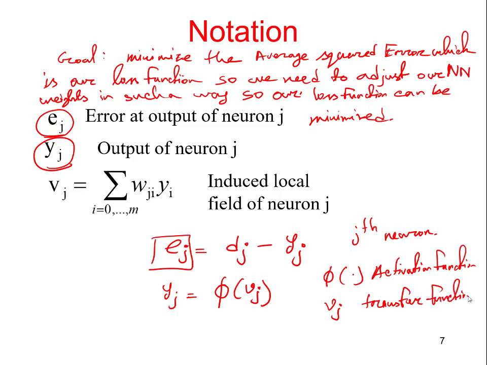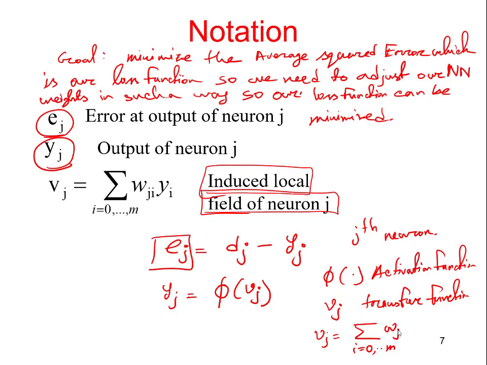You can see the transfer function is considered as the induced local field of neuron j, and it is formulated as v_j equals the summation from i equals 0 till m of the associated weight w_ji and the incoming inputs, which are y_i.